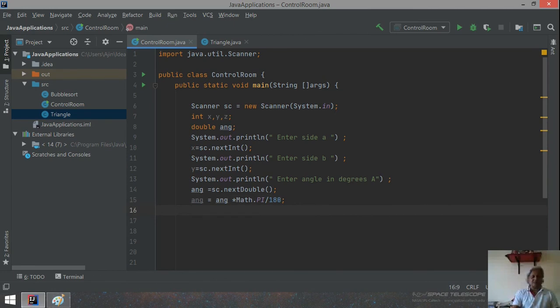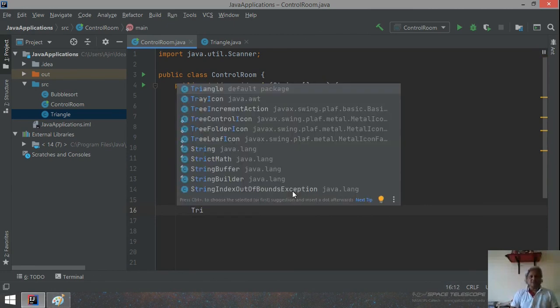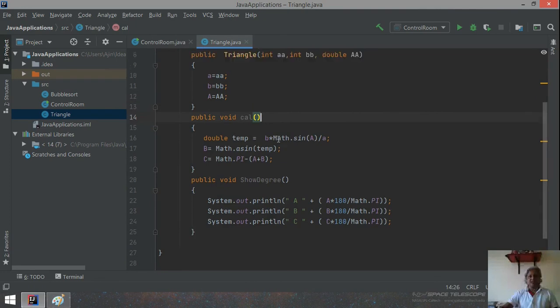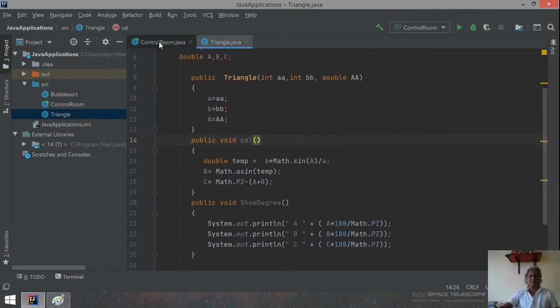Now I create the object of the class triangle equals new triangle, and then I pass two sides x, y, and ANG, and then first I need to call this function, calculations cal.